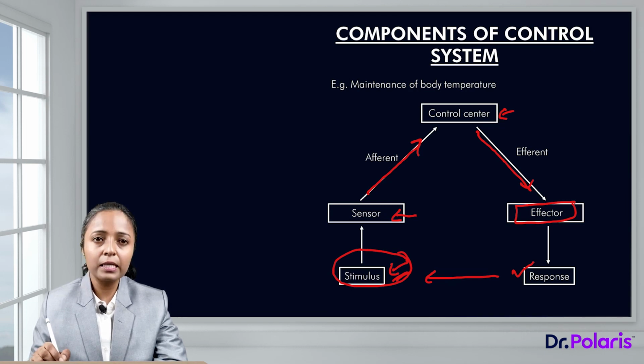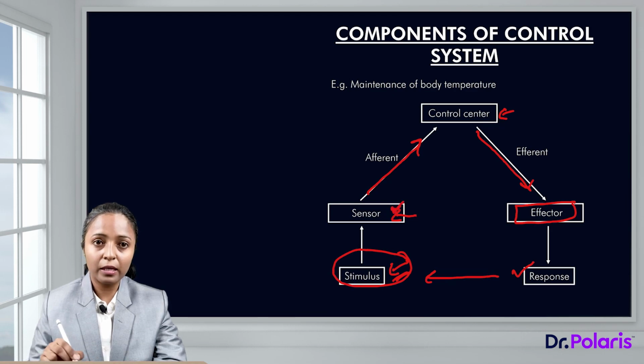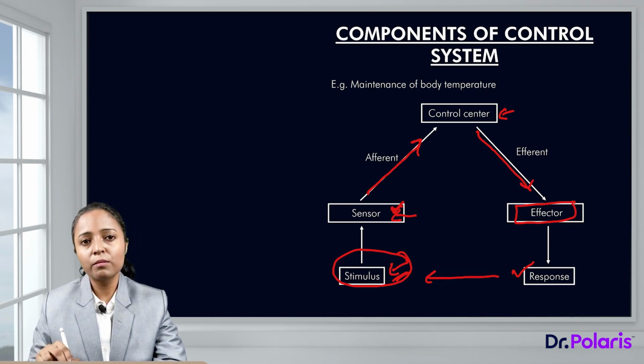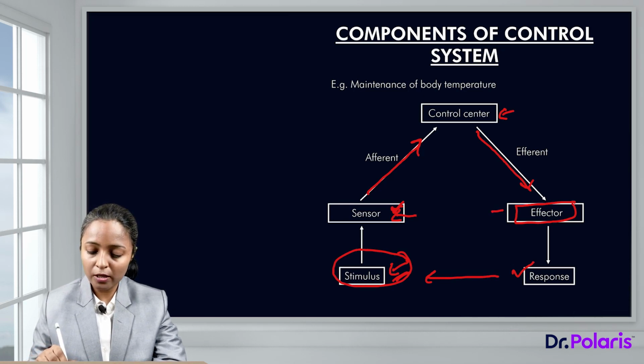So let's take an example of maintenance of body temperature. Say suppose there is a change in the body temperature. That is detected by our sensors, right? That is, the thermal sensors are there, which then carry the information to the hypothalamus, right? Then the hypothalamus makes some adjustments, and there may be some change in the effector. So suppose it is very hot, then it will cause sweating, right?